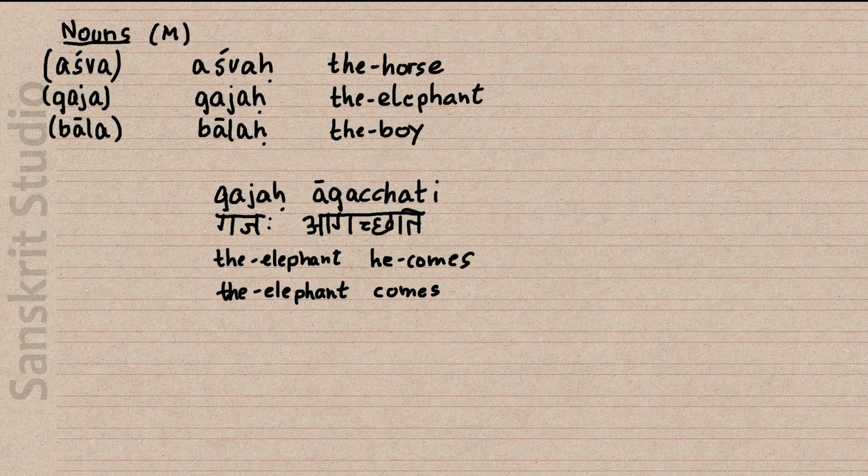But when we then add a noun now, the elephant, then we don't need to indicate this, so it becomes just comes.